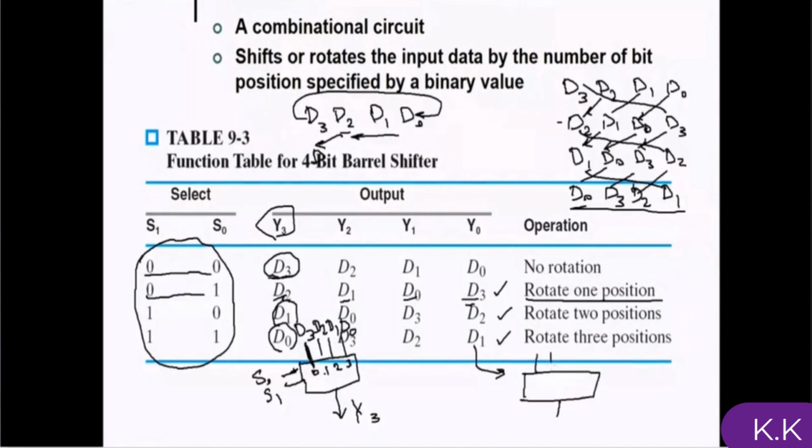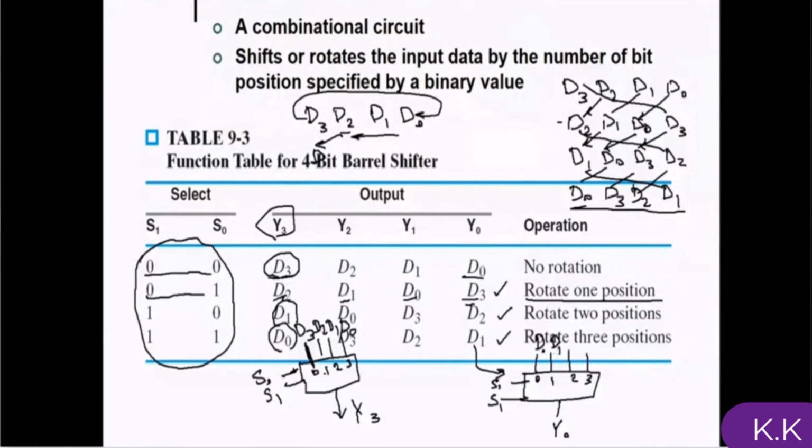This is input 0, which should be connected to D3 of the input. This one should be connected to D2, this one should be connected to D1, and this bit should be connected to D0.